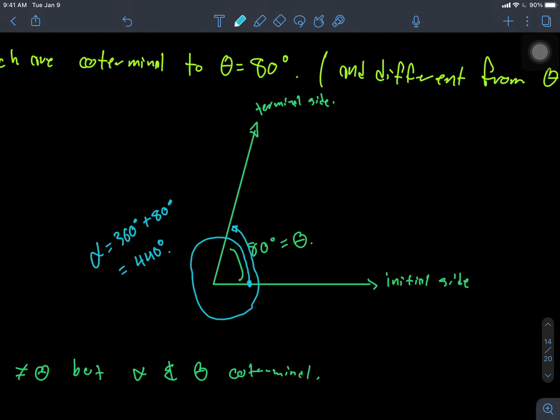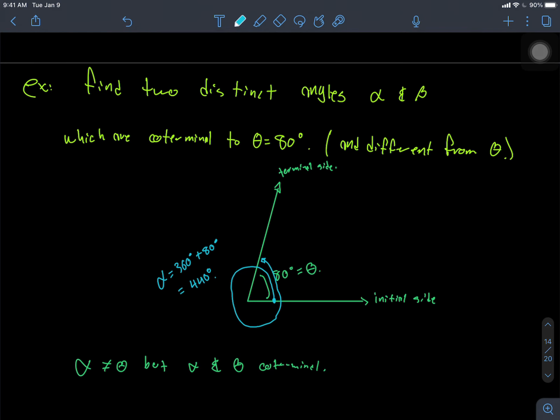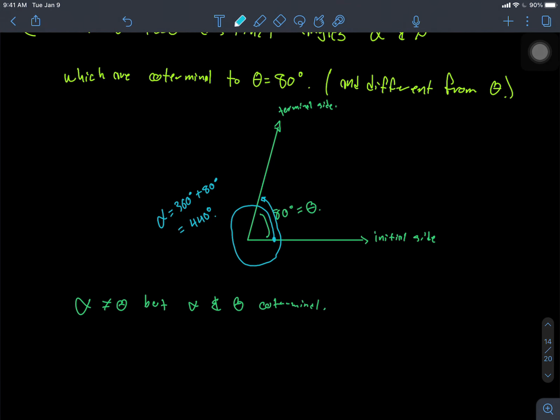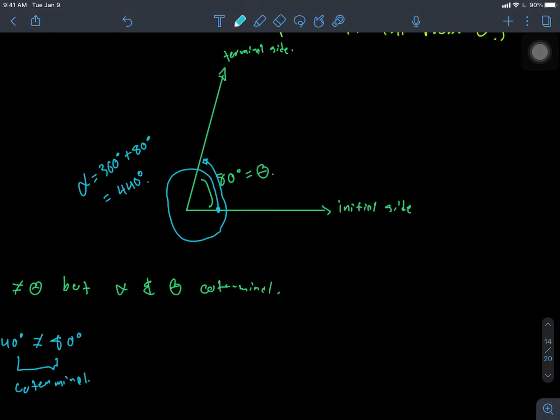So in this case I can go all the way around and then some. And this is a different angle, right? We would say that 440 degrees is not equal to 80 degrees, but they are coterminal, because they end on the same side. So that's one way I could do it.